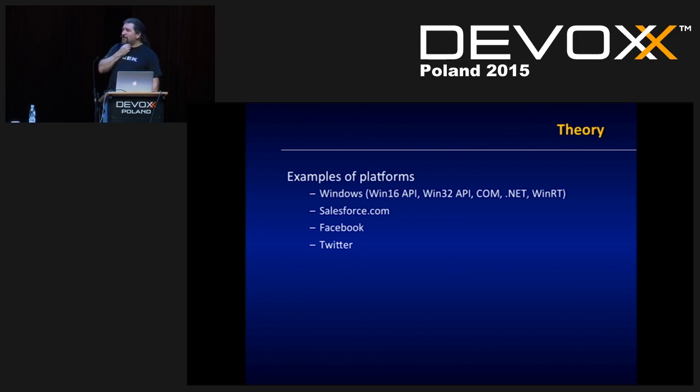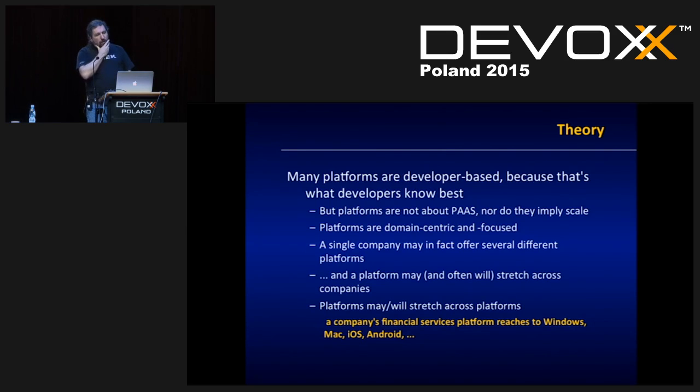Salesforce.com is definitely a platform. Twitter is a platform. Twitter is a platform specifically for annoying the hell out of other people. Right? You can actually use Twitter to write messages, to ping people, respond to people, etc. They're all developer-based. Platforms are aimed at you guys, because we then take these tools and use them to build other things.